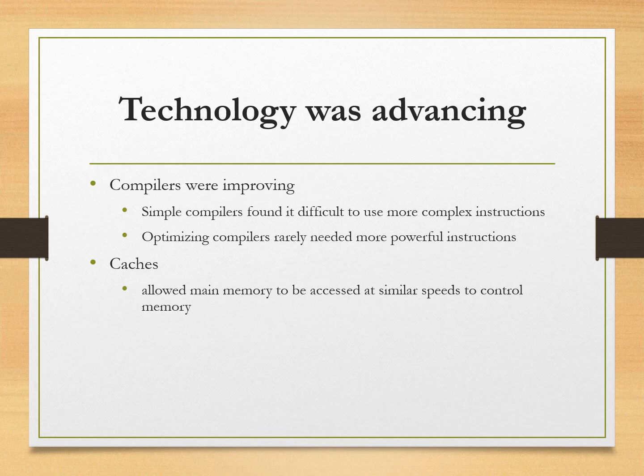Cache is one of the memories, and it was inside the microprocessor, where it allowed the main memory to be accessed at a speed similar to the control memory. Okay, since the cache memory is built with solid state, it's not like magnetic like other kinds of memory, so the speed to access it becomes faster.